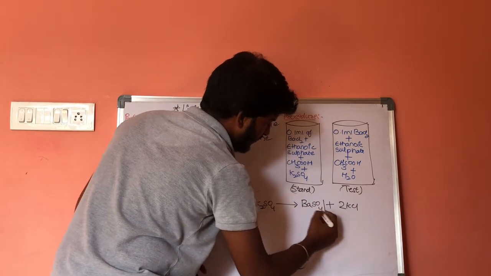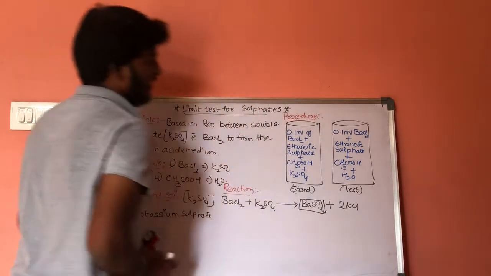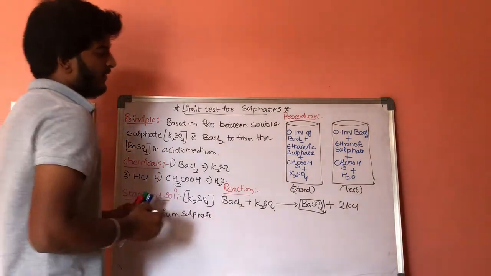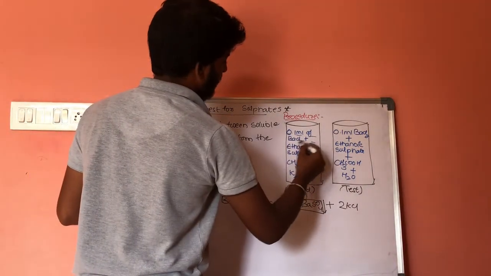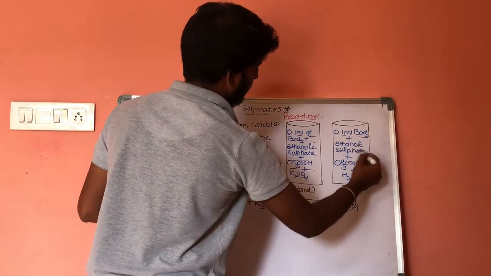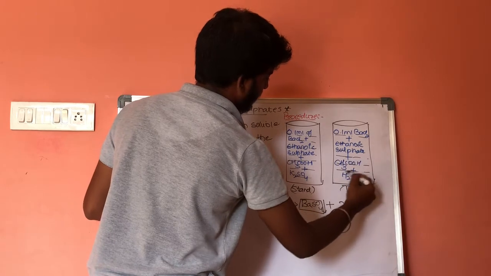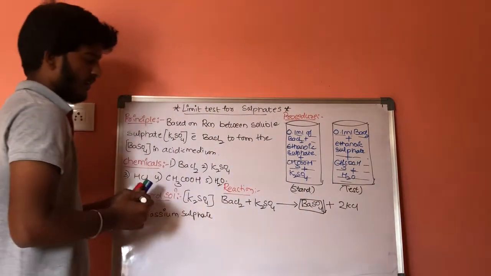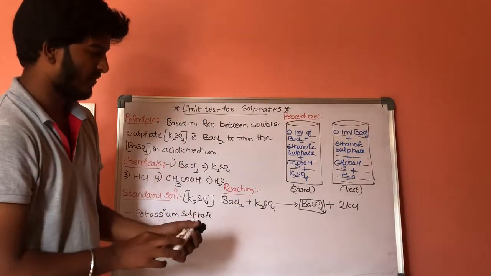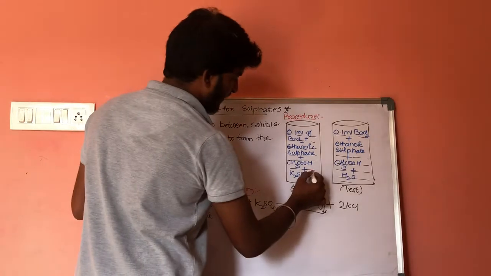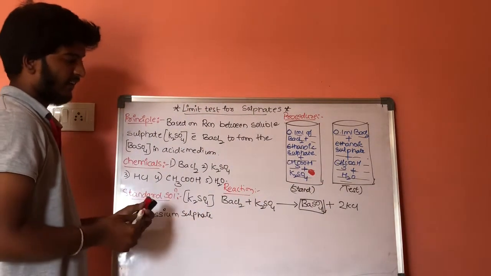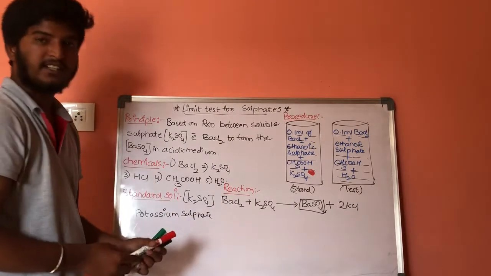The barium sulfate which is formed will be in precipitated form. This is the reaction involved in the limit test of sulfates. Barium sulfate will be formed as a precipitate and it can be seen in the standard solution.